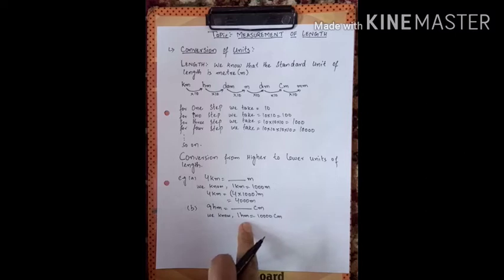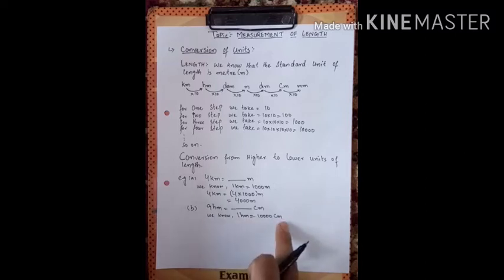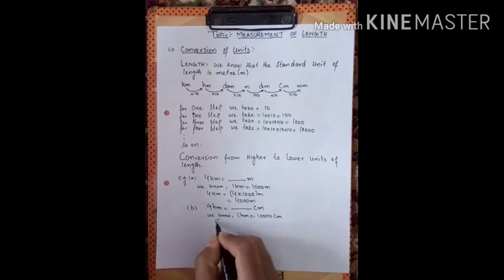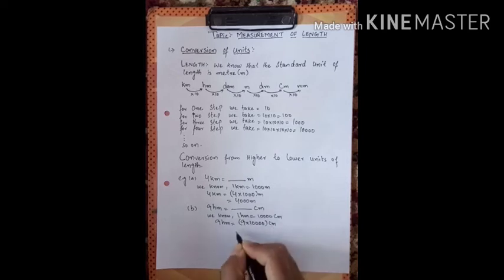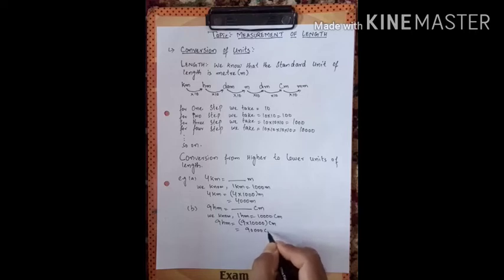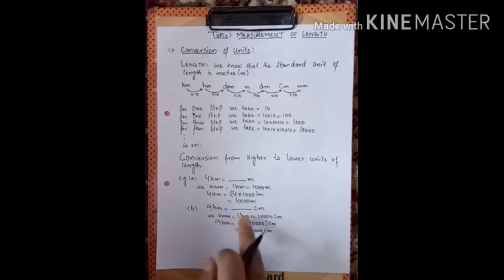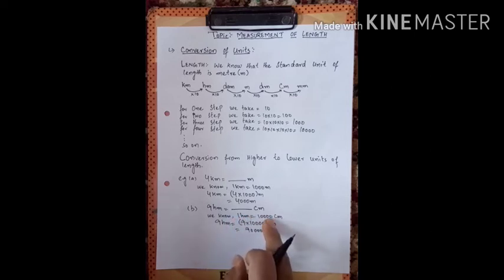This is the relation between hectometer and centimeter. 1 hectometer is equal to 10,000 centimeter. Now 9 hectometer is equal to 9 into 10,000 centimeter, which is equal to 90,000 centimeter, because I know that 1 hectometer is equal to 10,000 centimeter.